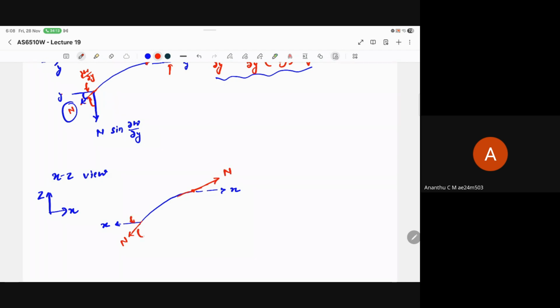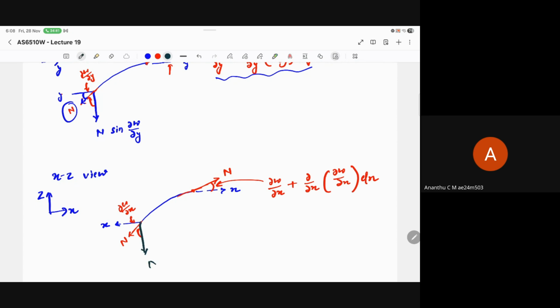This side slope is going to be ∂w/∂x, as we are talking about the x direction, and this side slope is going to be ∂w/∂x plus ∂/∂x(∂w/∂x) dx. Now we can resolve this force n, so we'll have one force this side.